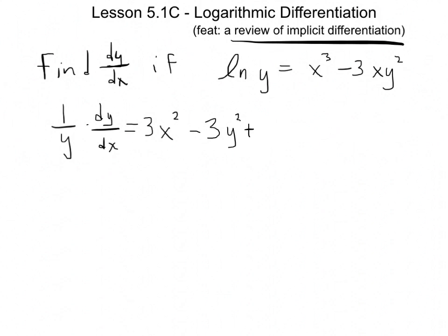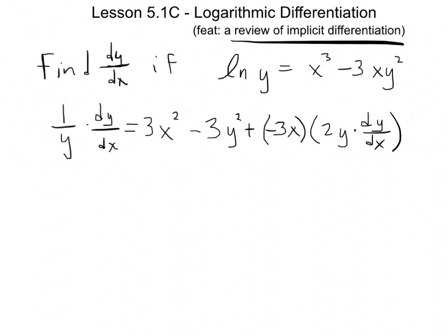Then plus, this time I'm going to leave the first thing alone, that's negative 3x, and I'm going to multiply by the derivative of the second one. Now that second thing involves a y, which means at some point I'm going to need to do dy/dx. But first, let's do the derivative of the thing. The derivative of y squared is 2y, then times your dy/dx. And at this point, you've taken the derivative.